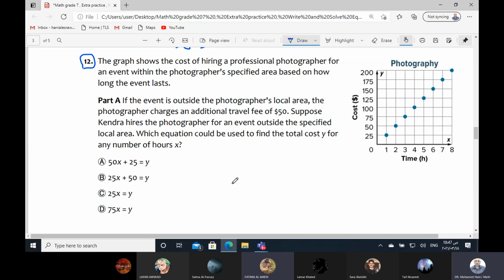Suppose Kendra hired the photographer for an event outside the specified local area, which equation could be used to find the total cost Y for any number of hours X.